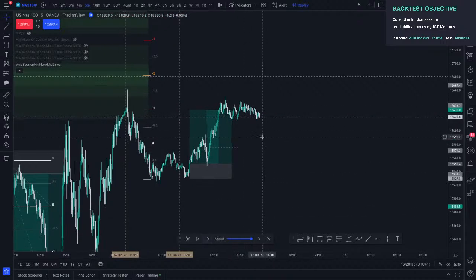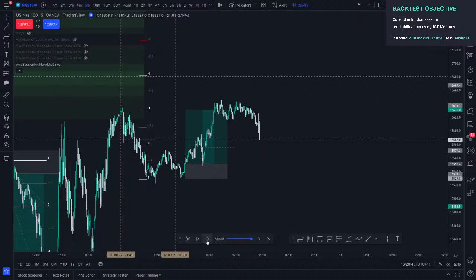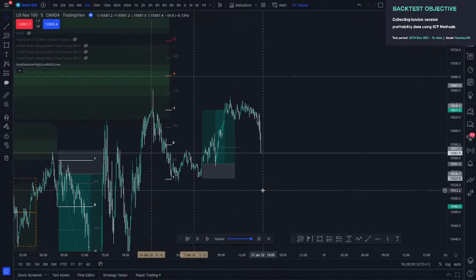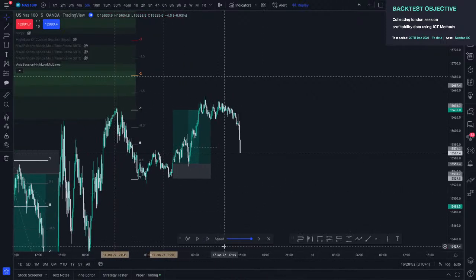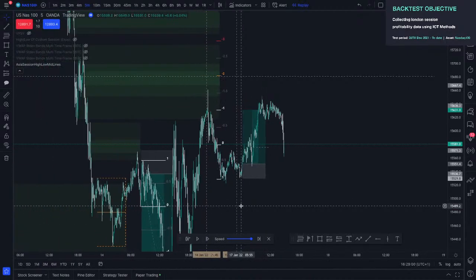This is 240. That's 130. Manipulating the lows, okay? Seems like we're going higher. Went lower. Yeah, we're bearish. Fortunately, I can't participate in this.